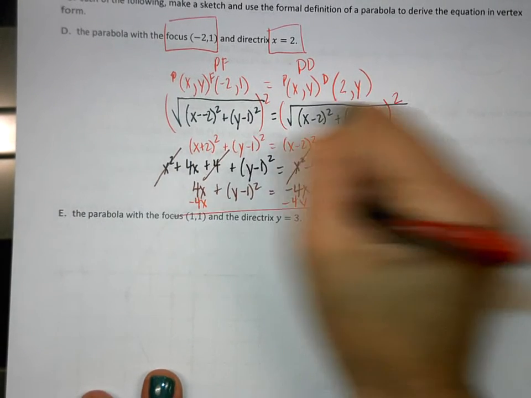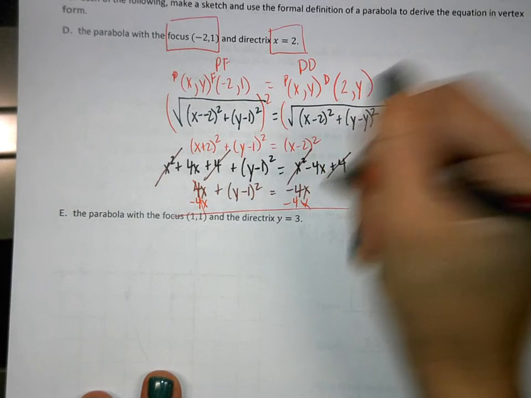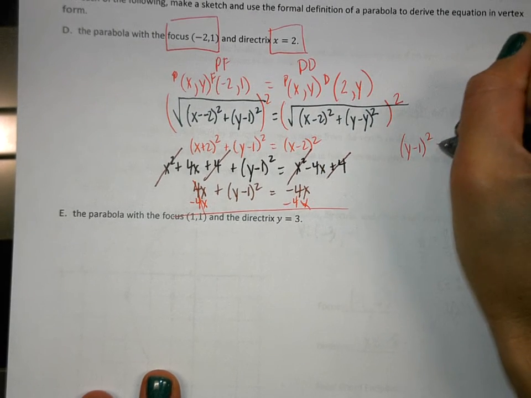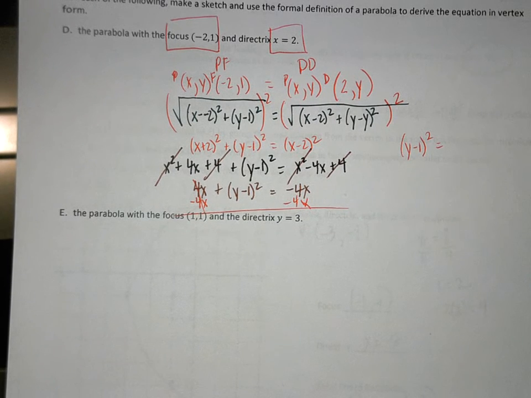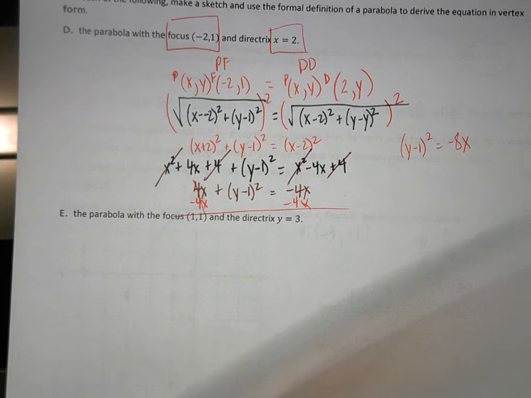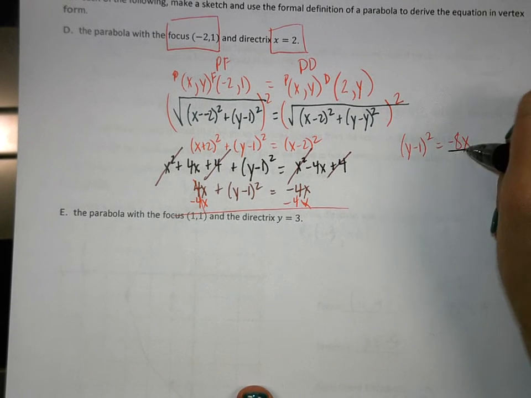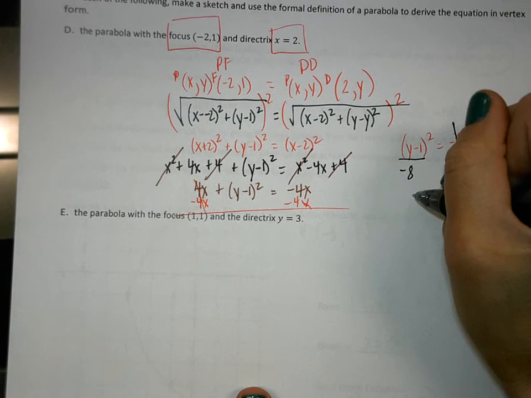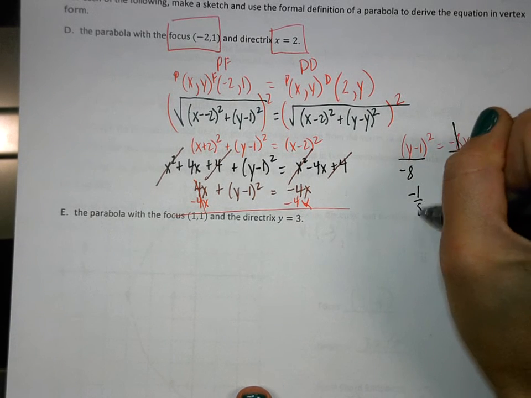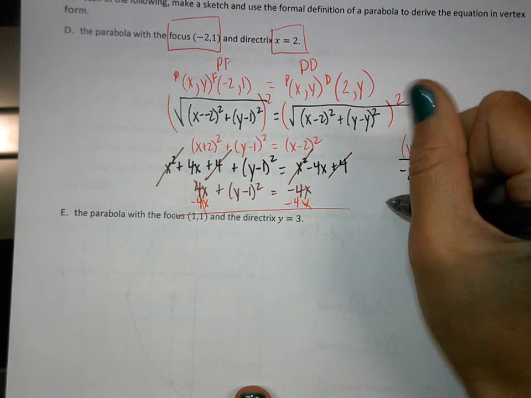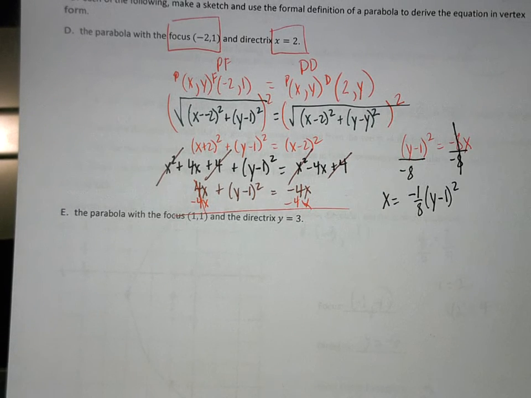So these cancel out, and I have (y - 1) squared equals, and negative 4x makes negative 8x. And then we want x by itself, so what do I do? Good, divide by -8 to both sides. This cancels out. And so I have -1/8 (y - 1) squared. In fact, I'm going to put x equals in front, but you could have it on either side. And you have your equation.